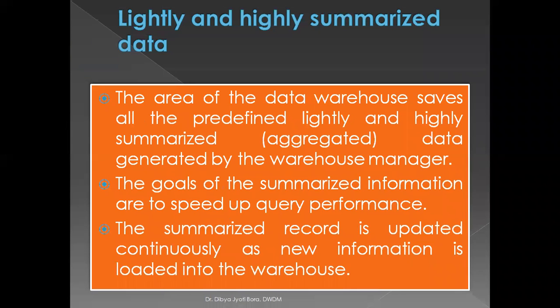Then the next thing is highly and lightly summarized data. This area of the data warehouse saves all the predefined lightly and highly summarized data generated by the warehouse manager. The goal of the summarized information is to speed up query performance.